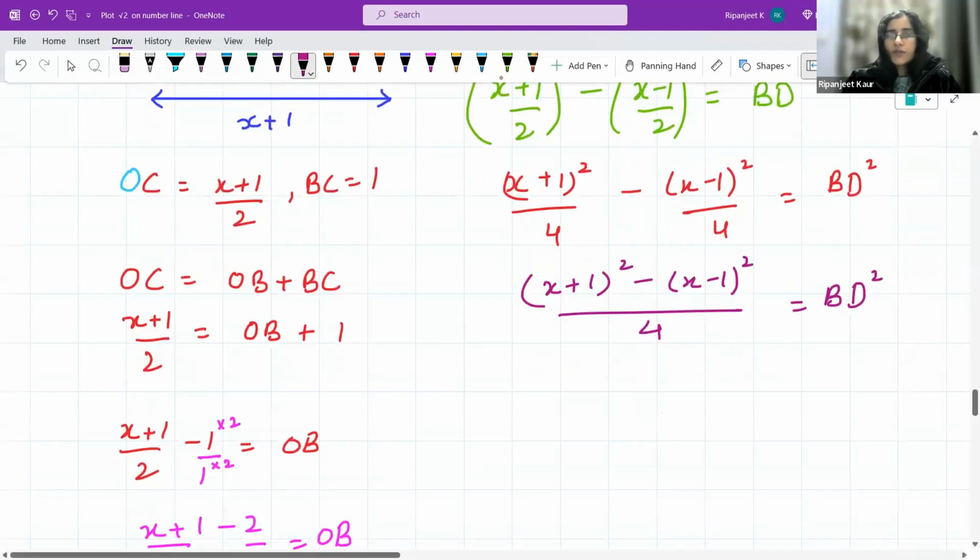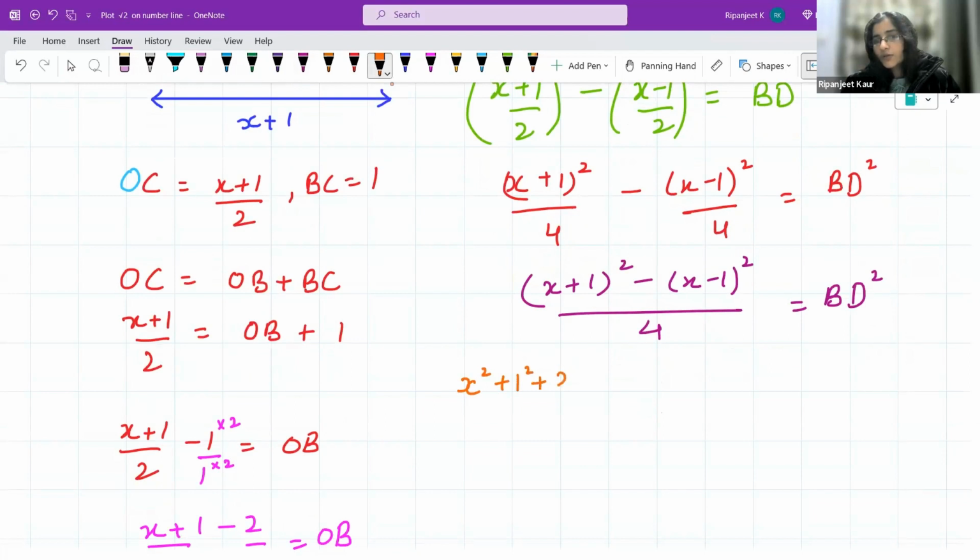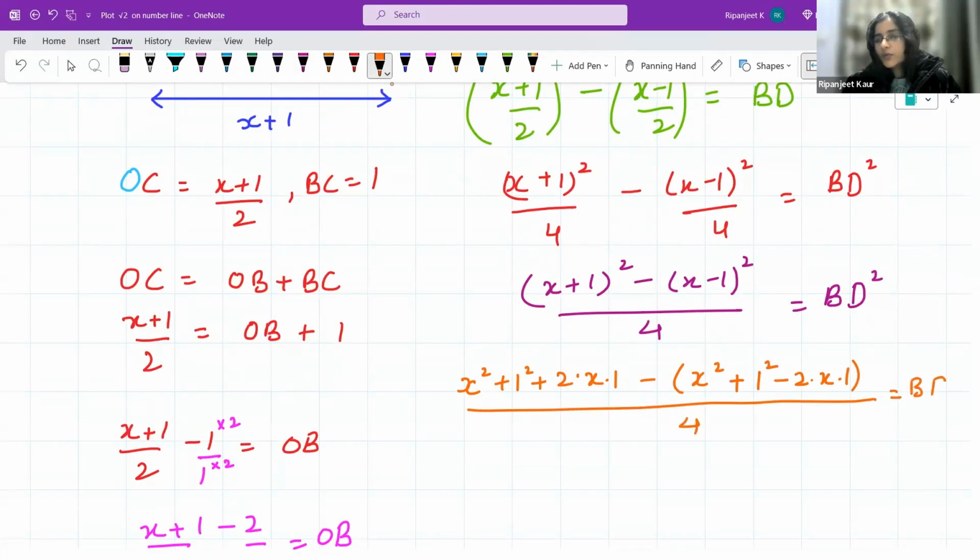Correct? Now, after this what? See, x plus 1 whole squared means x squared plus 1 squared plus 2ab, that is 2x into 1, minus, here a plus b whole squared we used, a minus b whole squared we use, a squared plus b squared minus 2ab over 4, right, equal to BD squared.